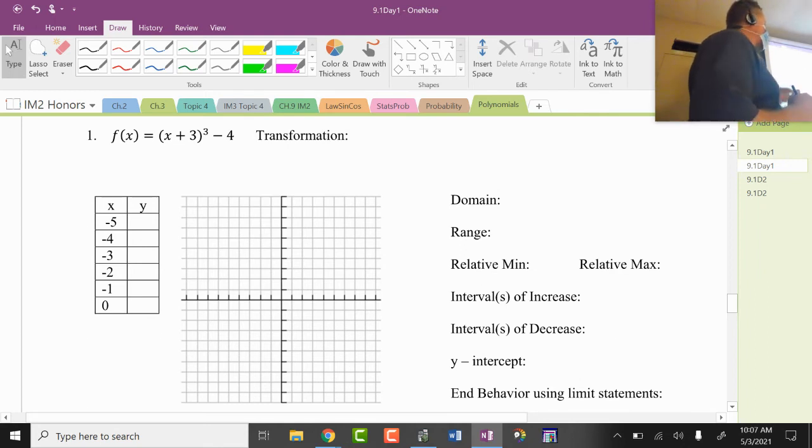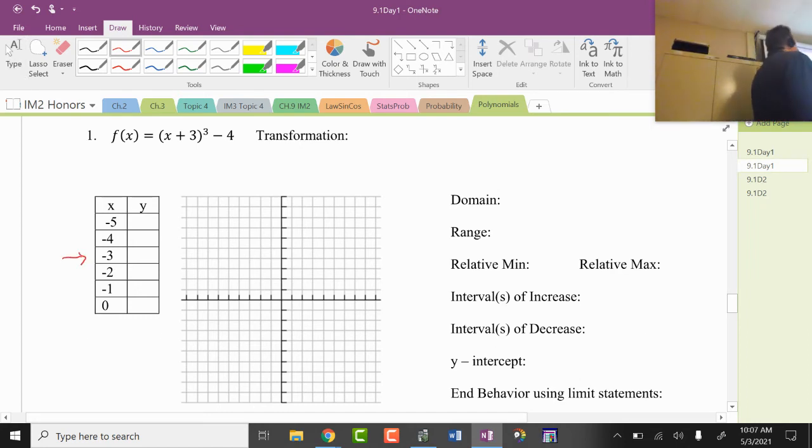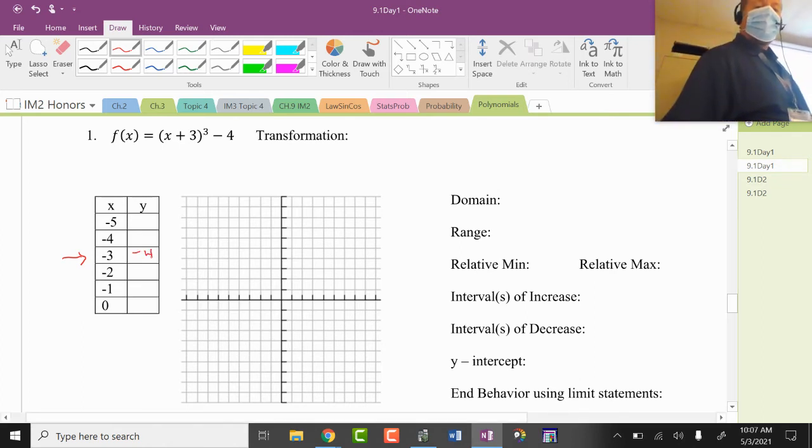Notice what's right in the center of my chart of values: y, negative 3. Well, what's negative 3 plus 3, everybody? Say it. 0. What's 0 cubed? 0 minus 4 is? This is the point of inflection. This is the most critical point for this cubic.